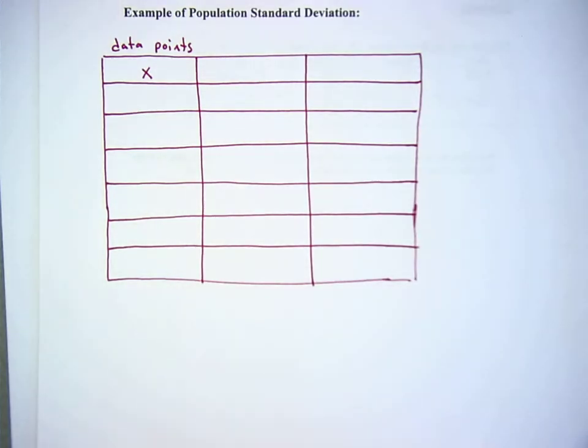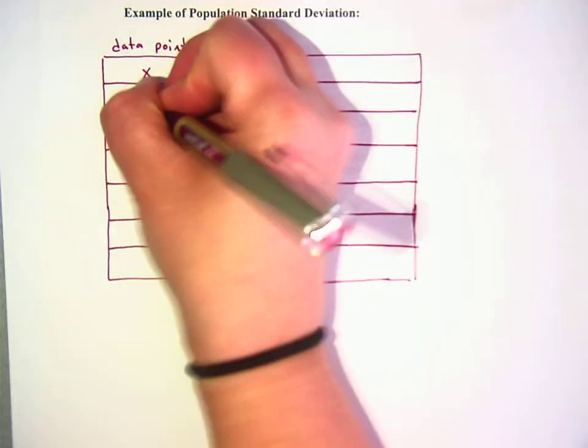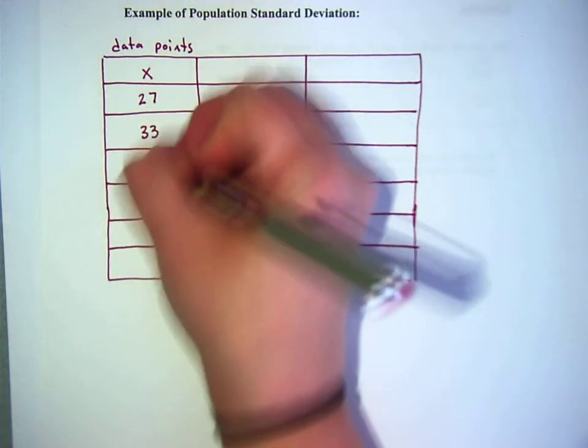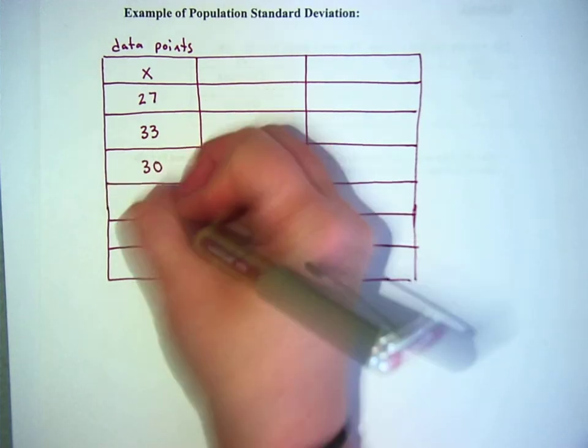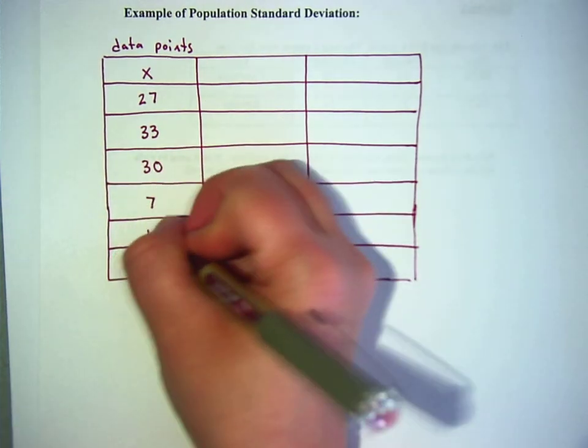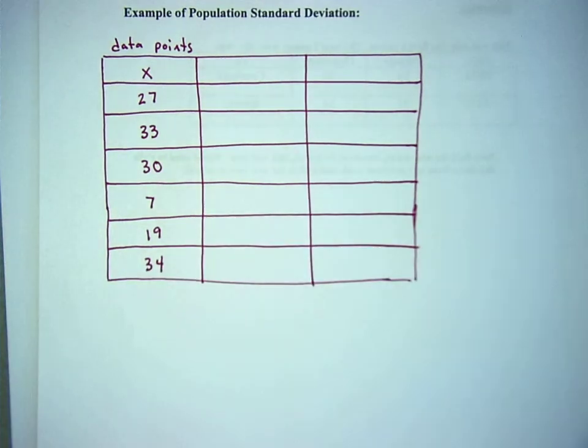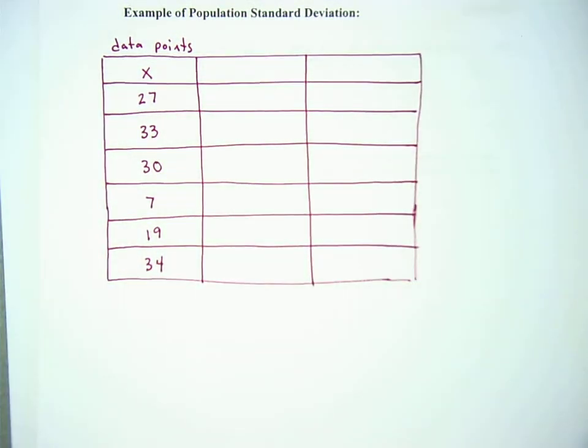The data points I'm going to put in is the scores of the Vikings, their first 6 games. Looks like out of the first 6 games, they won 3 and lost 3.